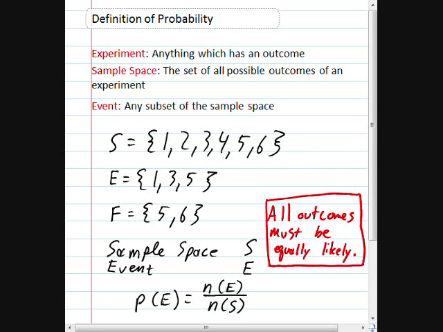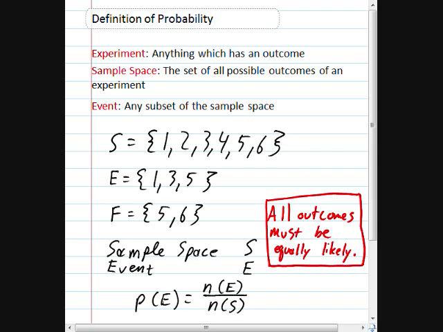Remember, the sample space contains the set of all possible outcomes of an experiment, but it's possible to create more than one sample space. The trick is that we have to create the sample space that has equally likely outcomes. For example, for the experiment of rolling a six-sided die, we could have created a sample space as follows. We could have said the sample space has two elements.